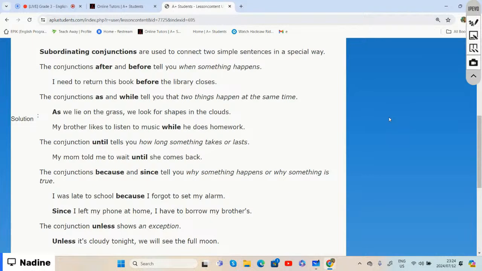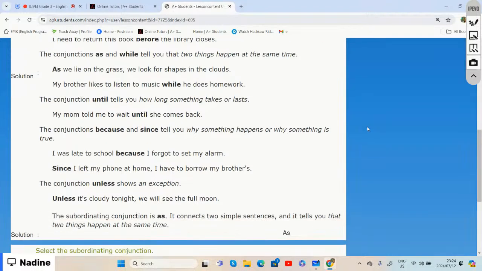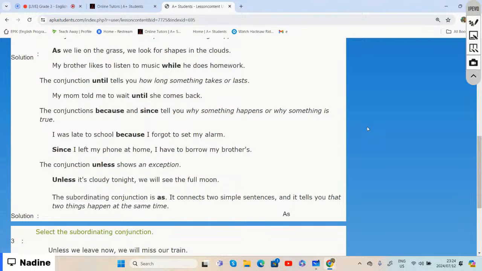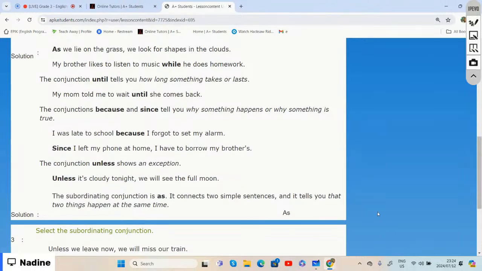All right. And then we look at the next one. Until tells you how long something takes or how long something lasts. For example, my mom told me to wait until she comes back.